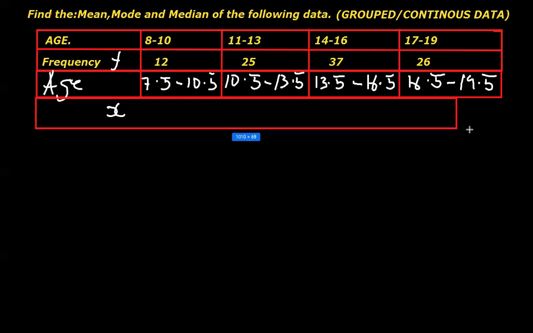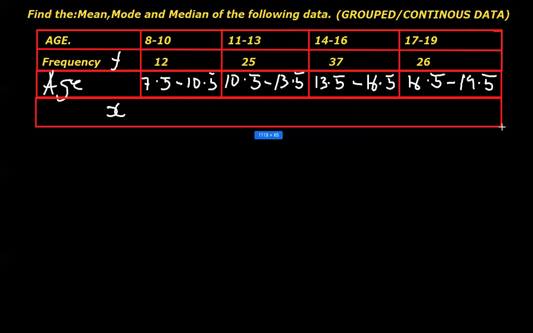The mean is the average of grouped data. I think you already know grouped data means we have a set of data between two limits, an upper boundary and a lower boundary. So it's continuous in between.